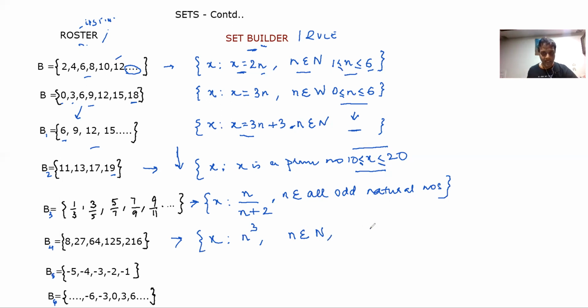What is the range? n is lying between 2 and 6, because 6 cube is 216. Curly bracket closed.